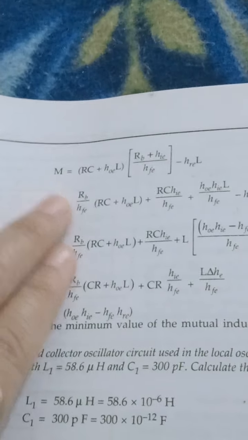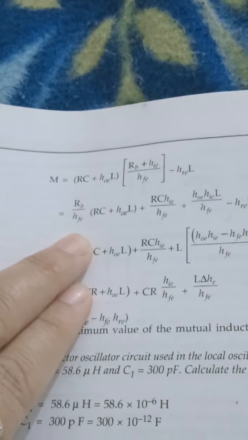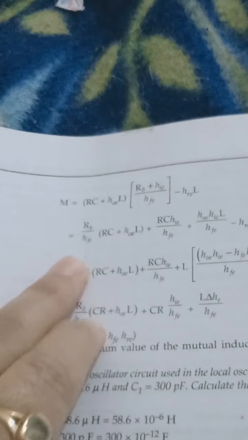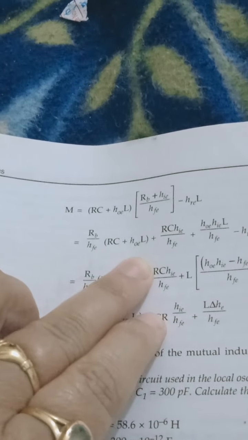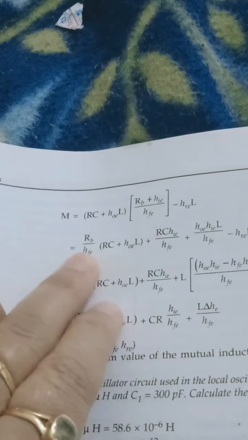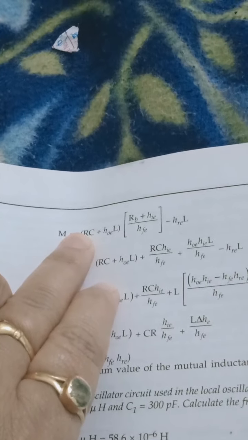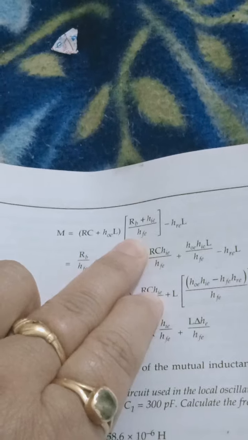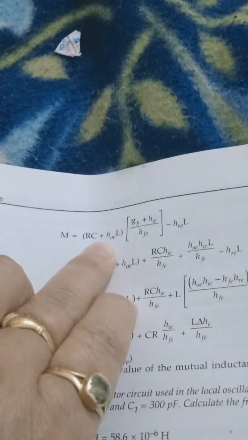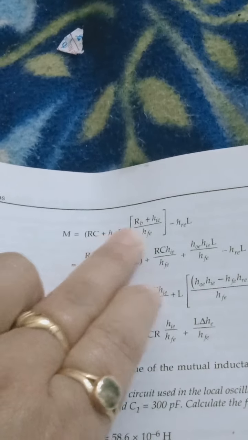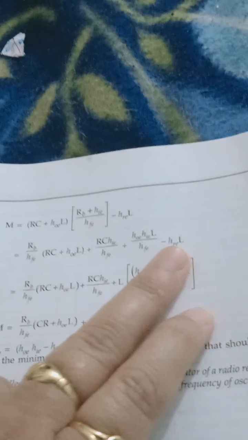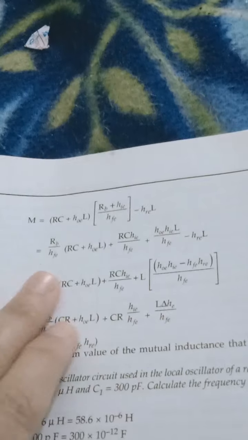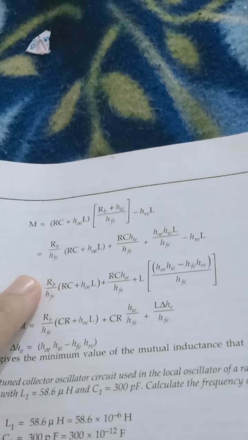Then separating out the various components, for example RB upon HFE into this whole bracket term, plus this RC into this term upon this term, plus this term into this term. That is, all the terms when multiplied give us this expanded form of the above equation.